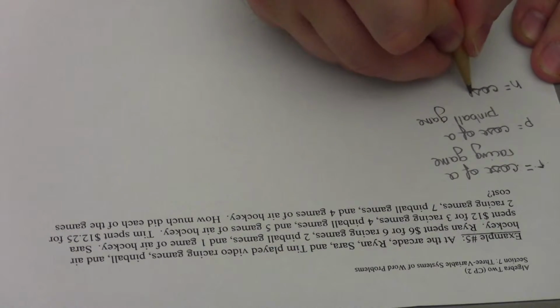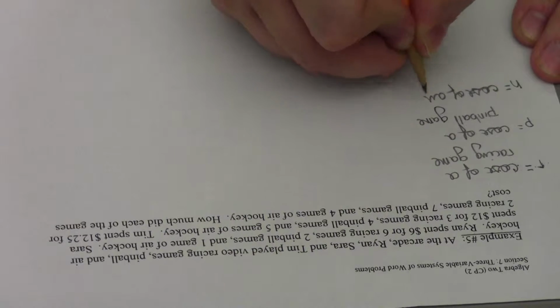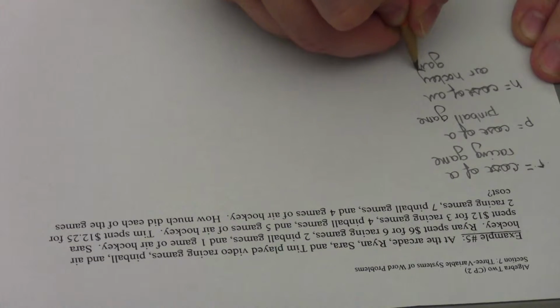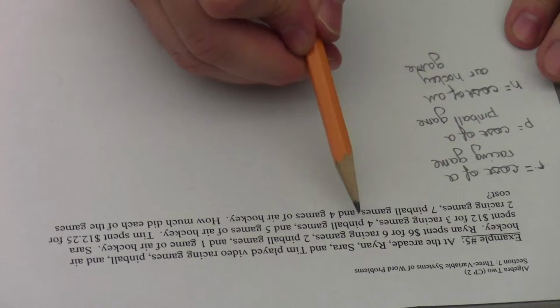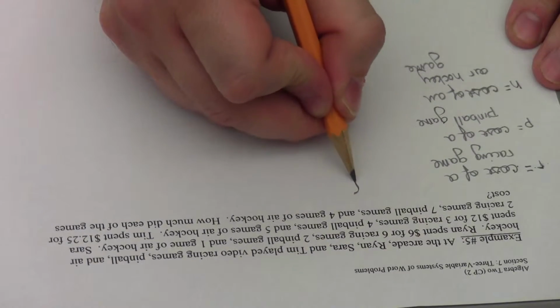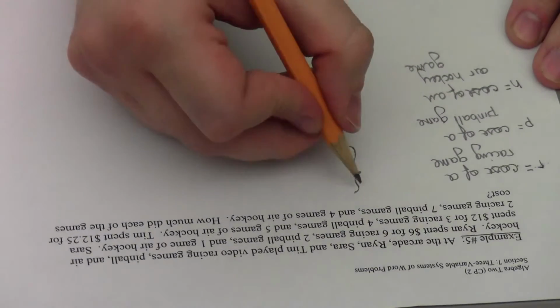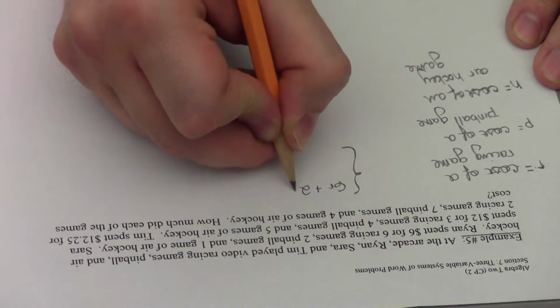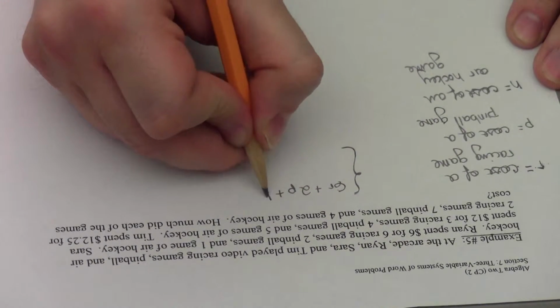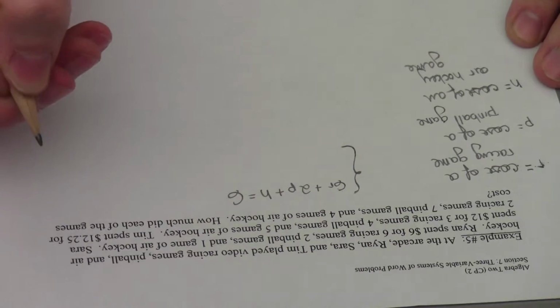And why don't I go with H for the cost of an air hockey game. So we're first told that Ryan spent $6 for 6 racing games, 2 pinball games, and 1 air hockey game. That's going to look like 6R plus 2P plus 1H equals 6.